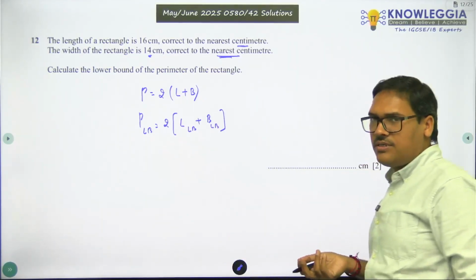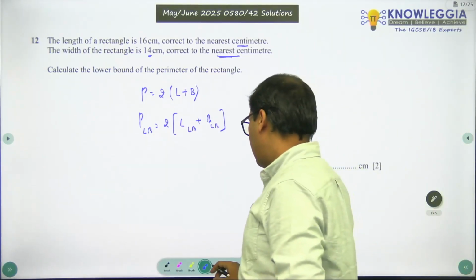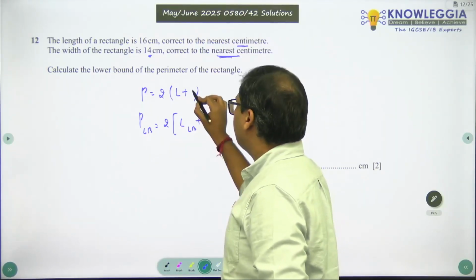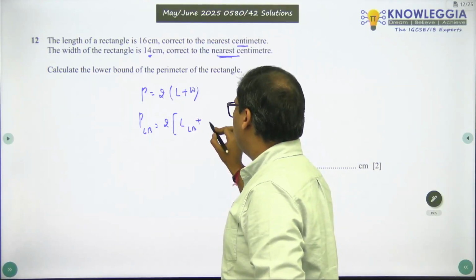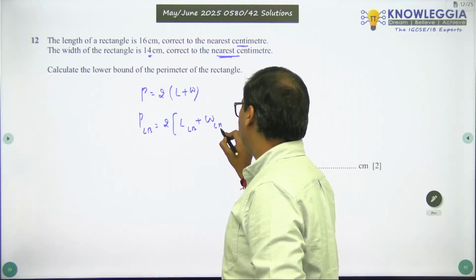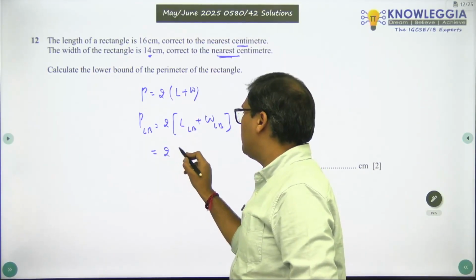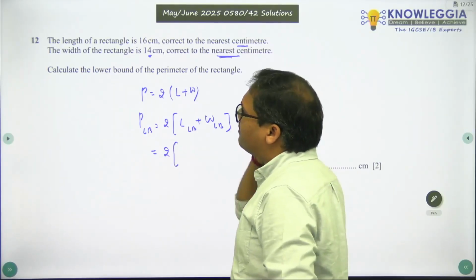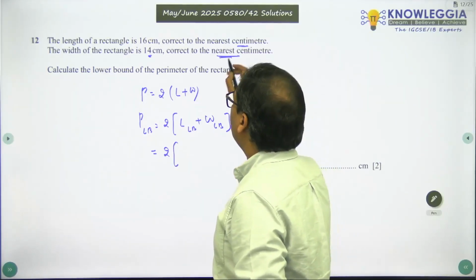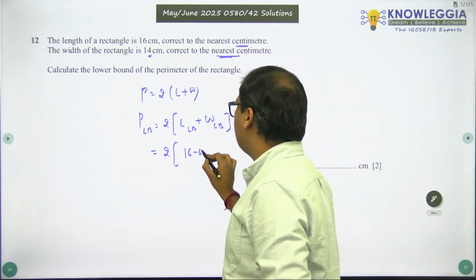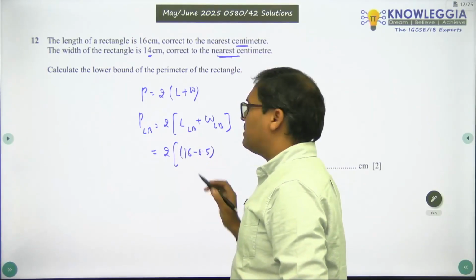They are using width, so let's write W. We will write the lower bound of width also. Now, what is the lower bound of each? Basically, this is 2 times. What is the lower bound of length? This is correct to the nearest centimeter, so the lower bound is 16 minus 0.5. I hope this is clear.